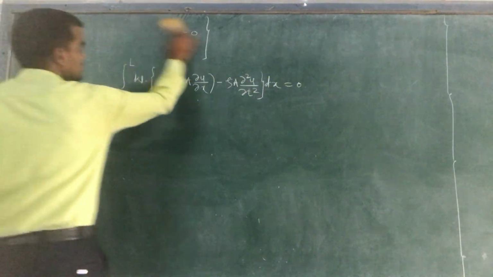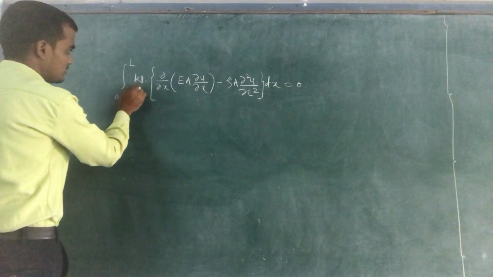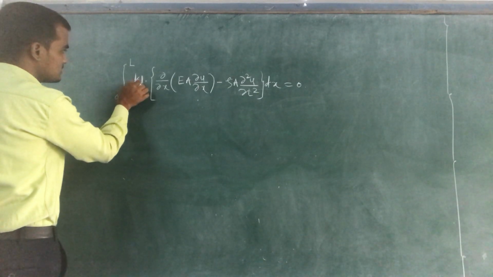So this is the equation. Here we will multiply W into the whole equation.